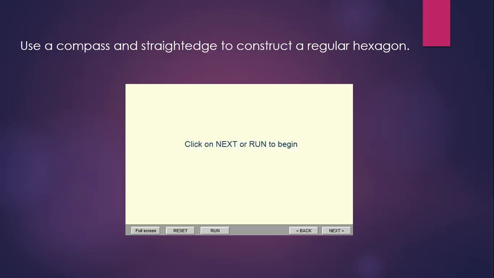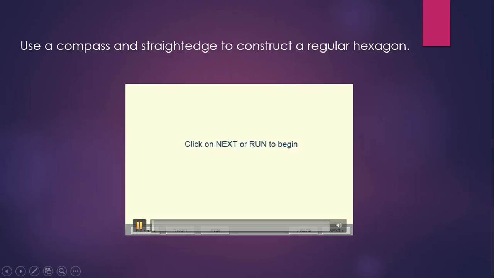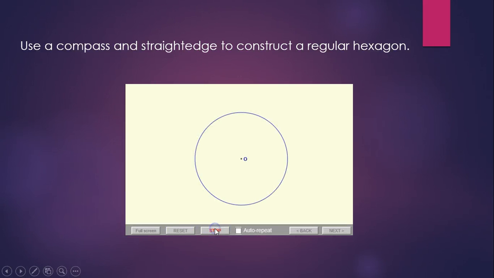Use a compass and straightedge to construct a regular hexagon. So, to construct a regular hexagon, we're going to start with a circle, and then keeping the compass at the same setting that we used to draw the circle, we'll draw 6 arcs around the circle, using those intersections that we draw as the point that we start drawing our next arc with.